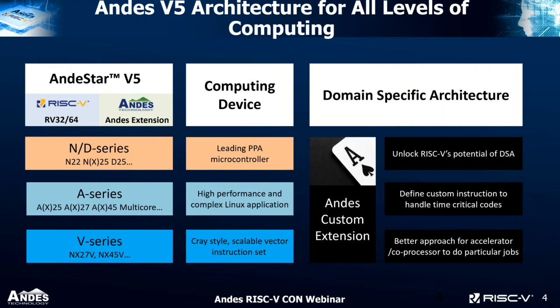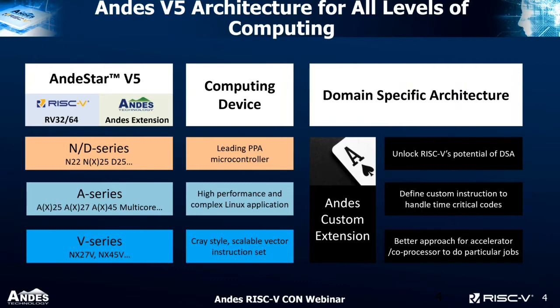A series cores that come in single and multi-core flavors are able to run high-level operating systems with their virtual memory support. Lastly, we have V series cores, which are a combination of N, D and A series, which implement RISC-V vector extensions. So we go from very small microcontrollers to running Linux to actually high-end vector engines.